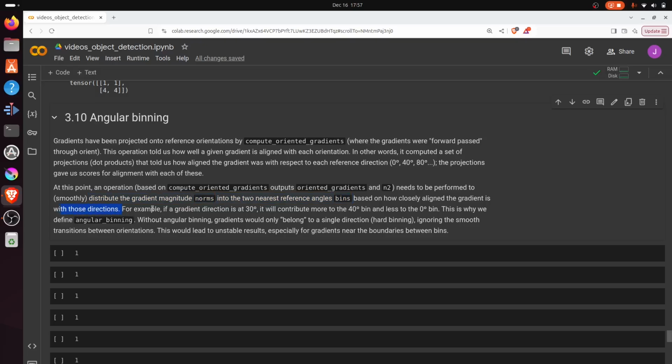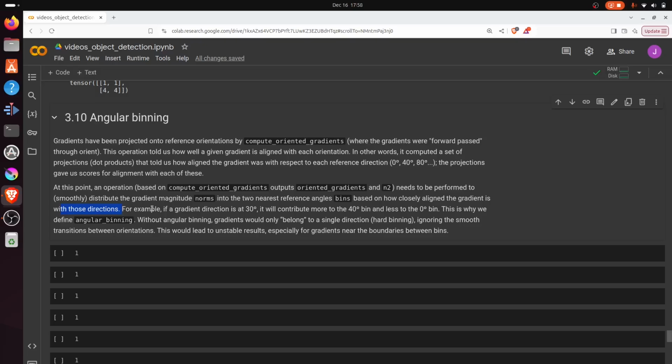Right now, what we have is just a bunch of scores based on which we can assess whether a gradient is well aligned with a reference orientation or not.